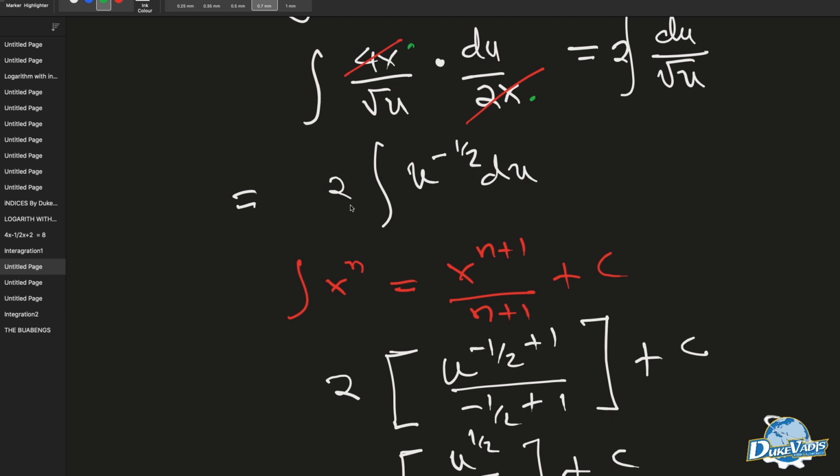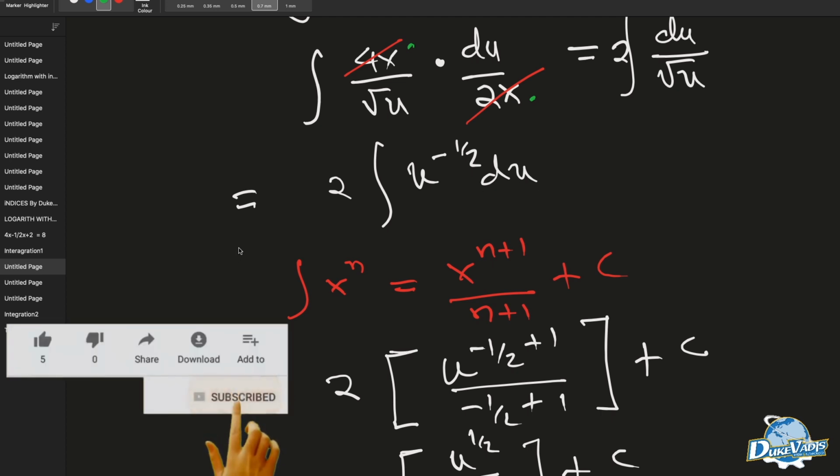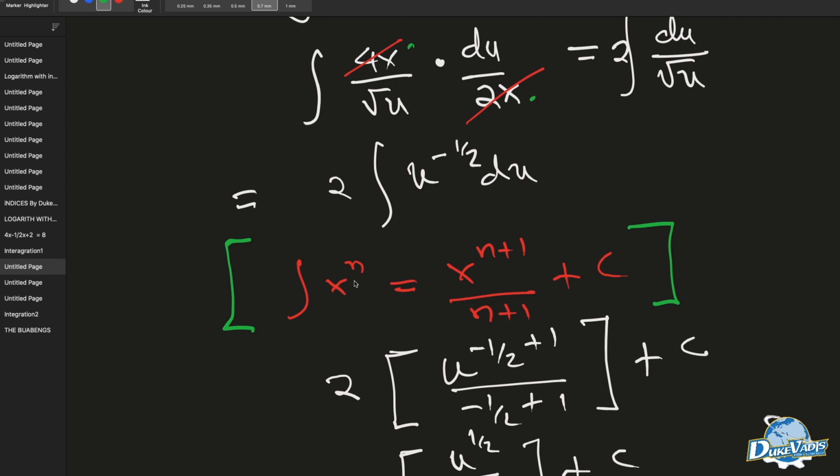That's why I put 2 outside the integral, with u to the power minus half. After that, we revised that if we integrate x raised to the power n, we get x raised to the power n+1 over n+1 plus c. That is what I have applied over here.